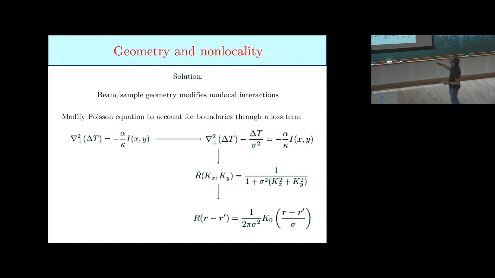Now, this can be solved analytically just by going to the Fourier domain, and this is the response function you get, this kind of Lorentzian function, okay? And if you then take a 2D Fourier transform, remember we have a 2D fluid, then for this response function it gives you something like this. This is the zero-order modified Bessel function, which essentially still has this exponential decay.